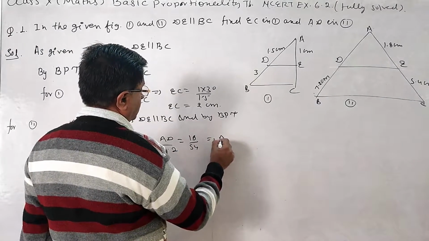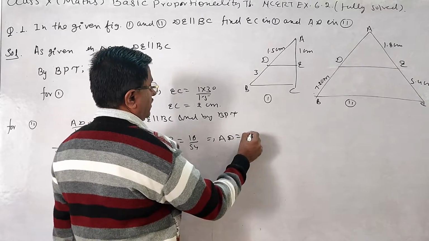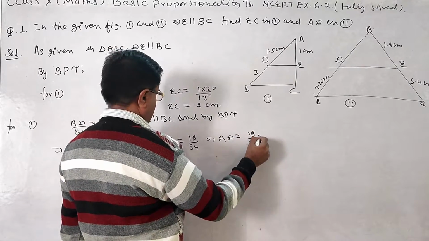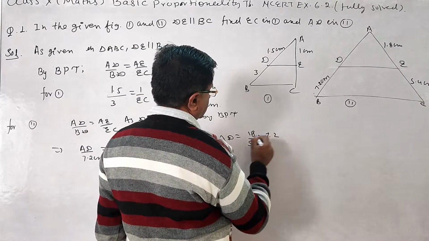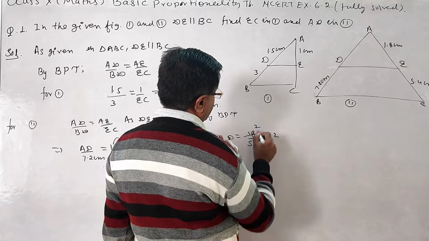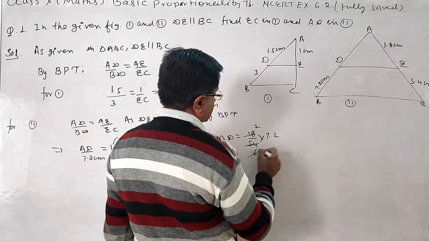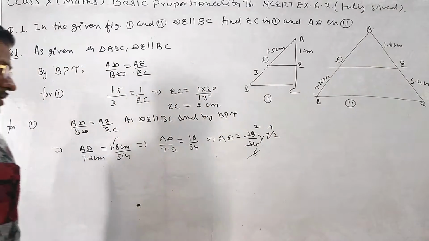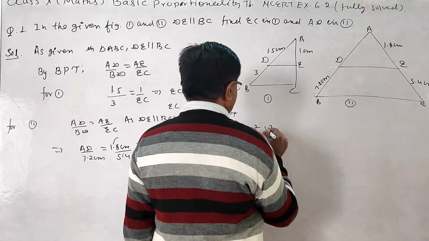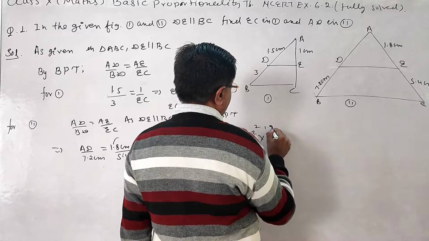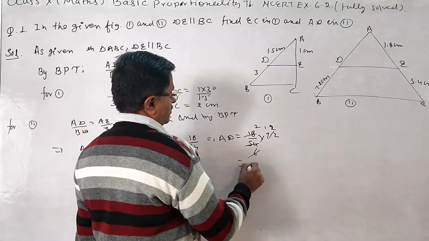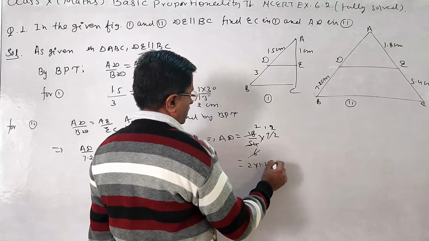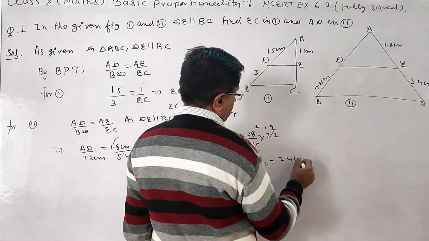So cross multiply. AD is equal to 18 upon 54 into 7.2. You can divide by 9 two times, 9 sixes are 54, 9 twos are 18. So this is 1 upon 3, and 7.2 divided by 3 is 2.4.